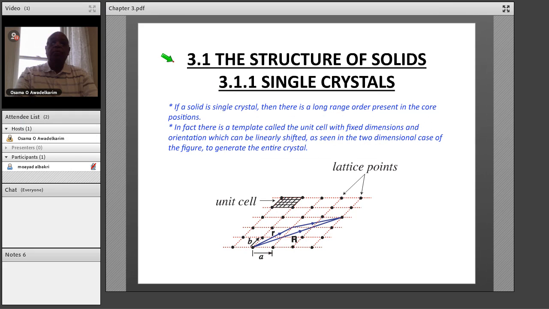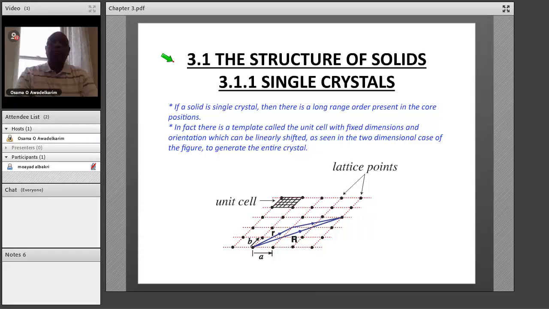So let's start by talking about different types, different structures of solids, and how we distinguish between these different structures. And the very first and important structure of a solid is the single crystal form of a solid.